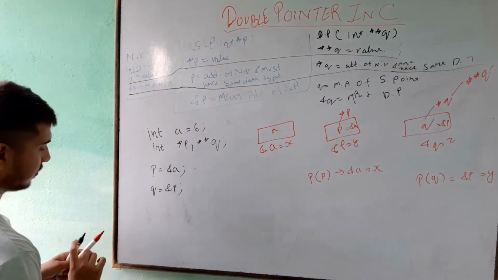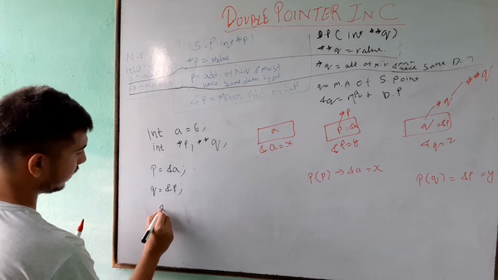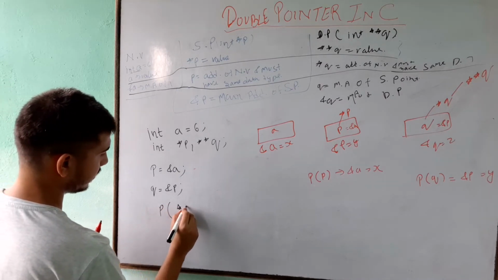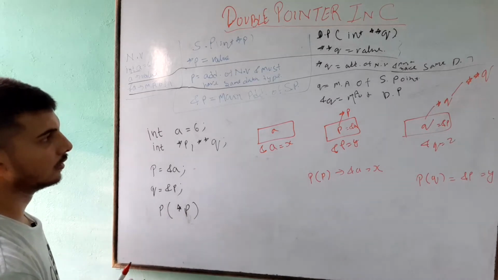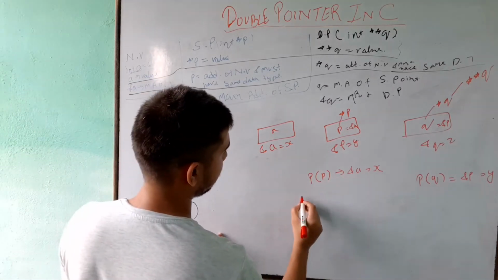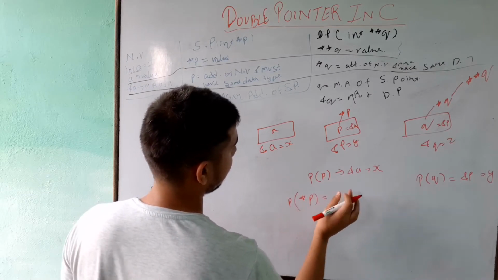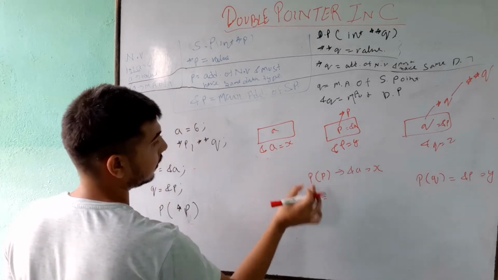Now what is the output of printf of *p? What is printf of p? x. What will be *p? The value present in this address, the dereferencing operator.